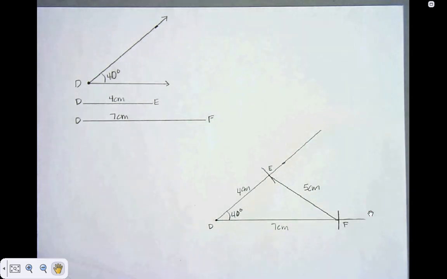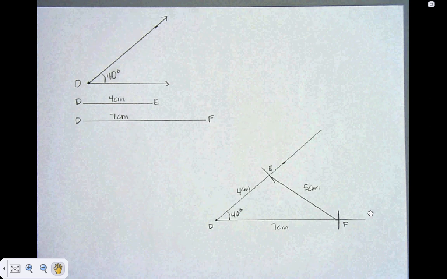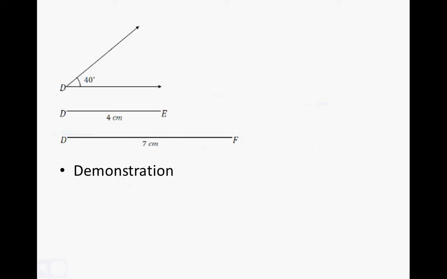So we'll check these with other people when we get back to class, but you should all have the same thing. And we estimated 5 centimeters. The actual length should be about 4 and 7/10 of a centimeter. Now we can also go back and check the angle measurements, which we didn't do, but let's go ahead and do that.